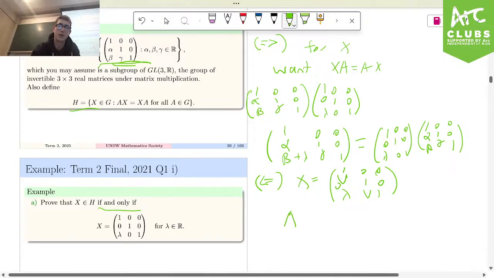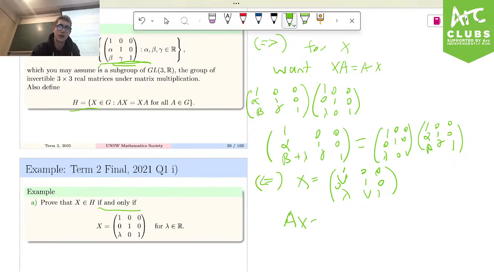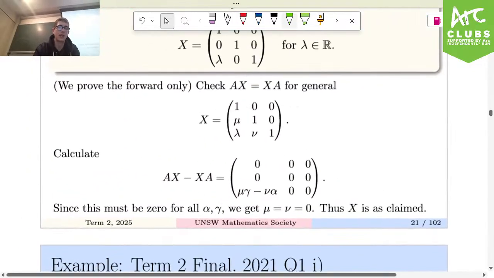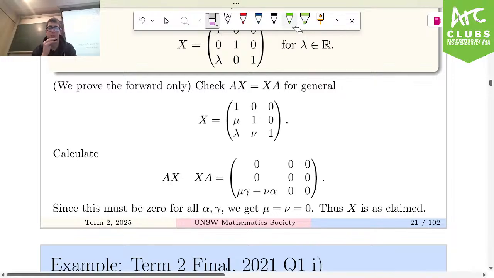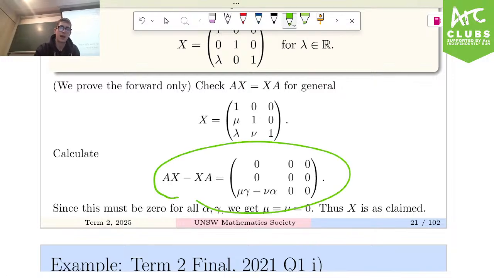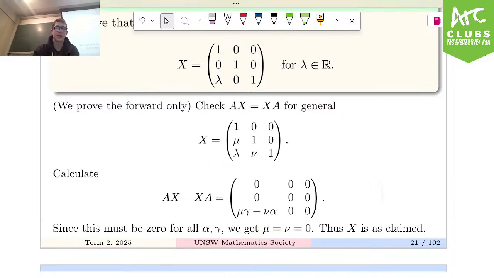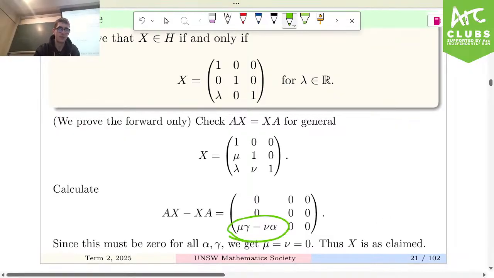We want to pull out the equations, because we want to make sure that this is equal to 0 if we take it for any arbitrary element A in G. I did the computation down here. You can see with this construction in this reverse direction that it turns out to look like this, where we have everything 0 except for this little element down here.